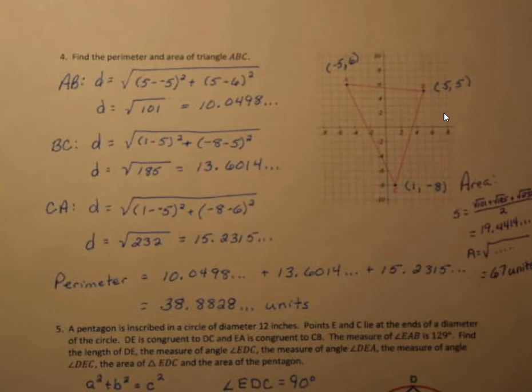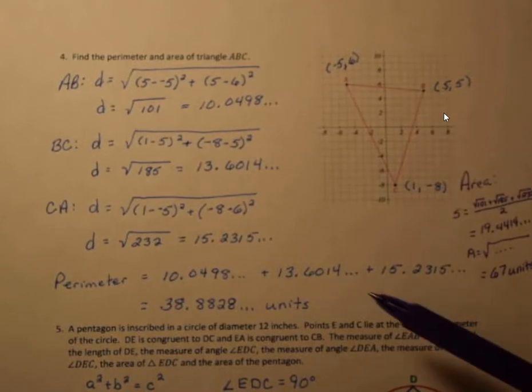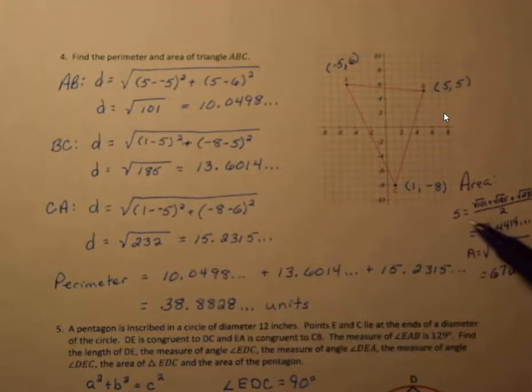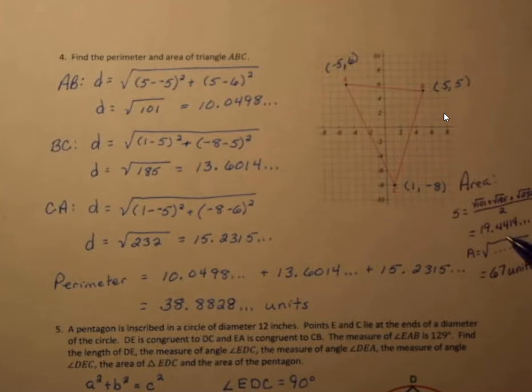Well, I forgot to find the area, so I squeezed it in over here. If we know the lengths of three sides, we can use Heron's formula. So I added the three together, divided by 2, and I got 19.4414 and so on.